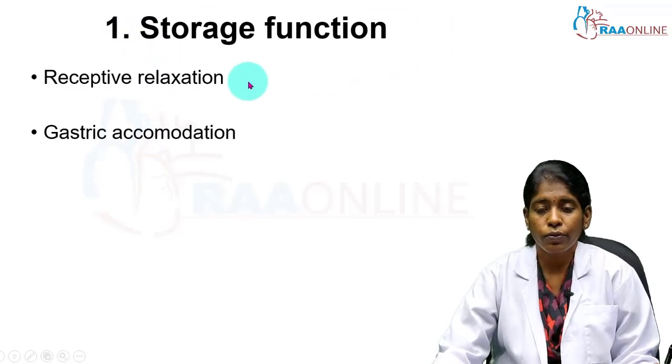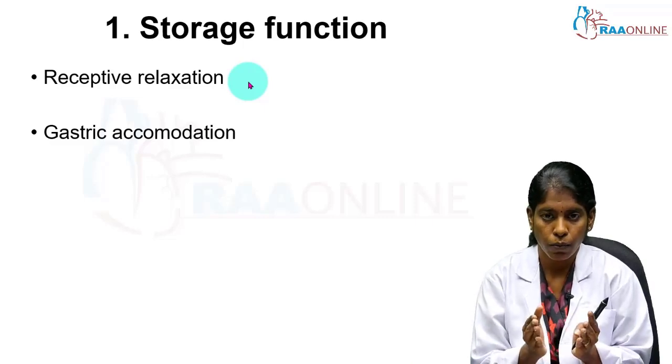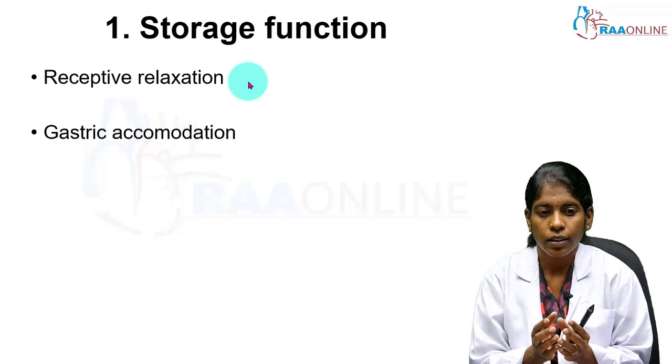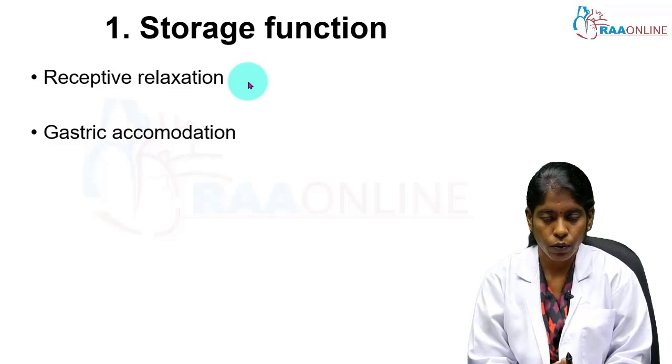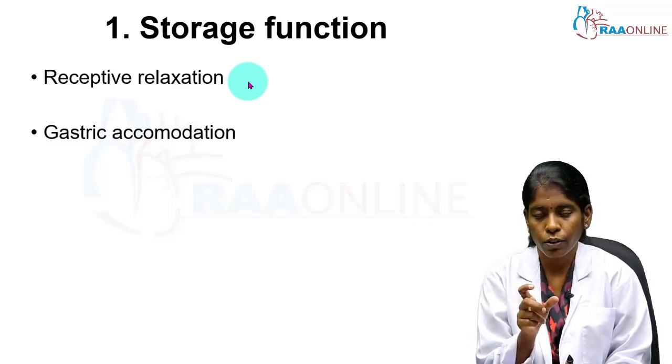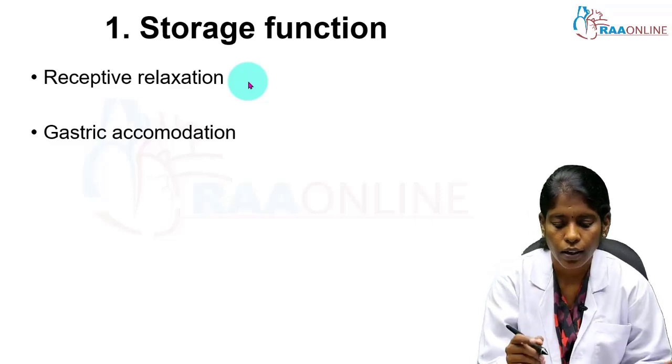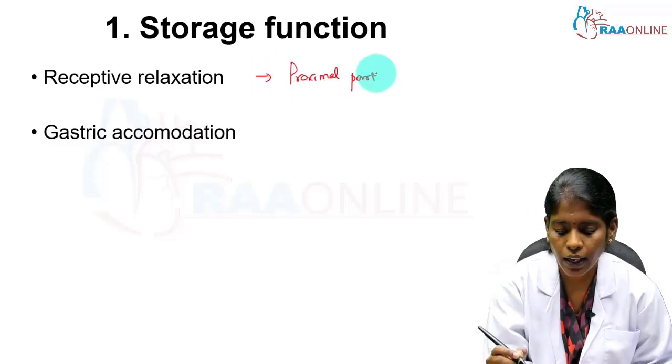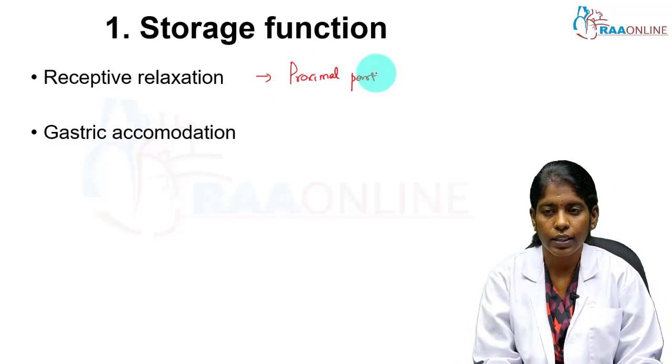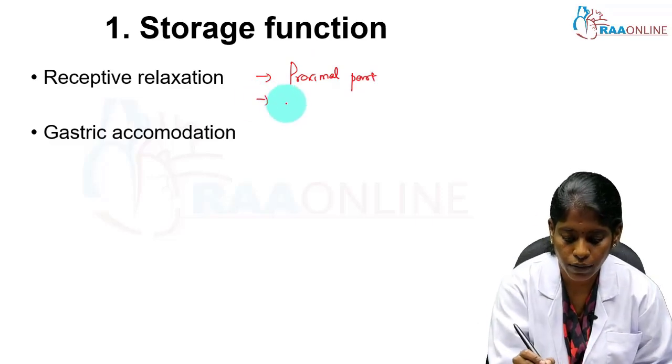Even before the food enters, the stomach will dilate, especially the proximal part. It is ready to receive the food. The main function of the proximal part of the stomach is the storage function, and this receptive relaxation is initiated by the swallowing reflex.